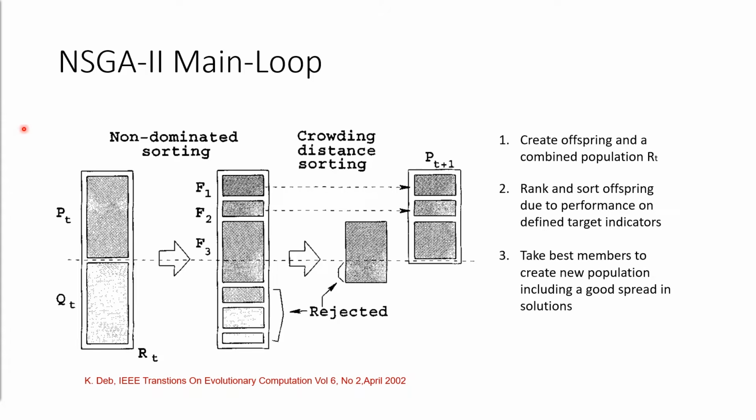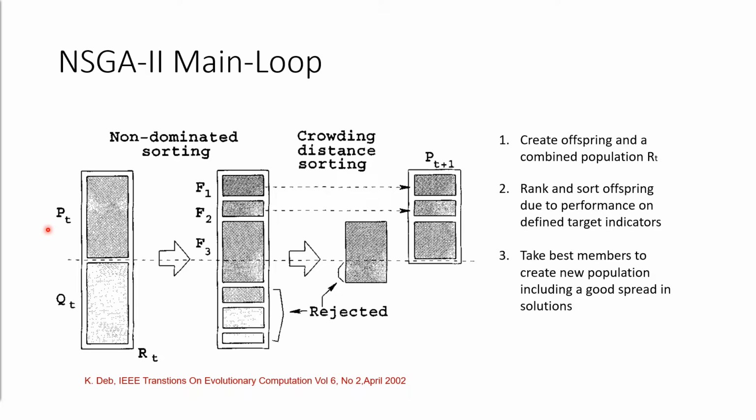And here you can see an overview of the general process of the NSGA-II. First, there is a population containing a set number of individuals. Each individual differs in its genes or parameters, and for each of them the value of the target indicators is calculated or simulated. This means I know for every individual in this population PT how the performance of my target indicators is.